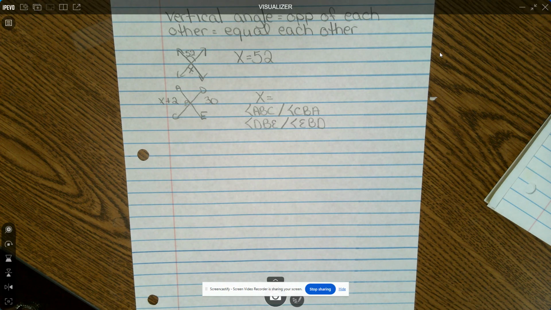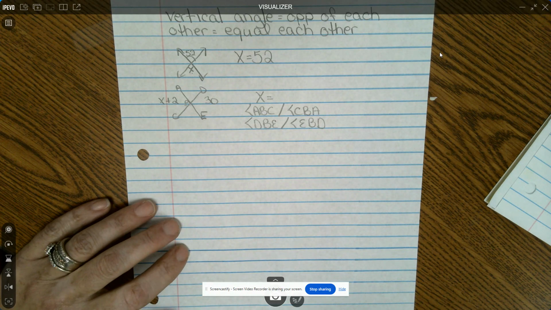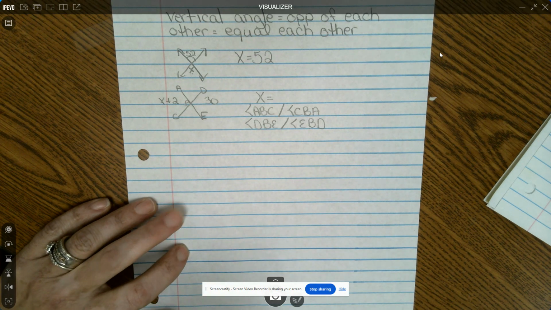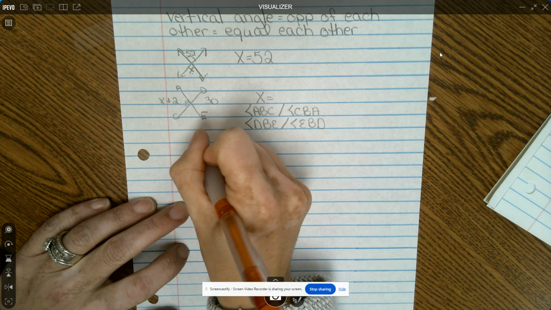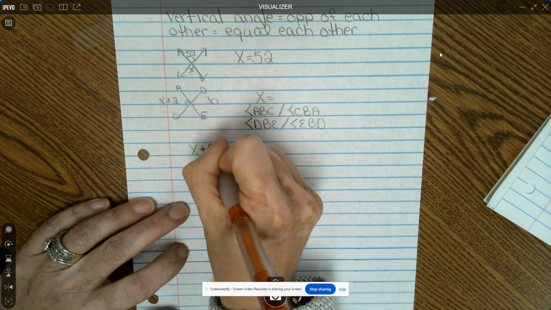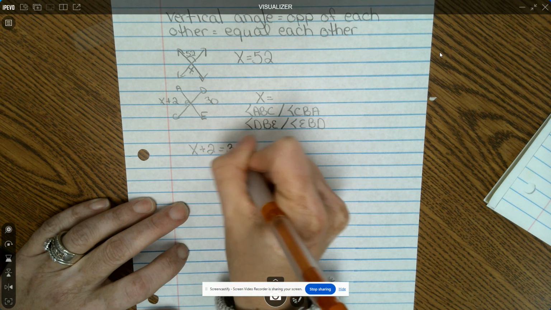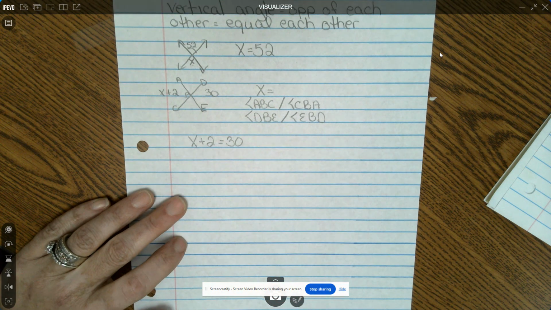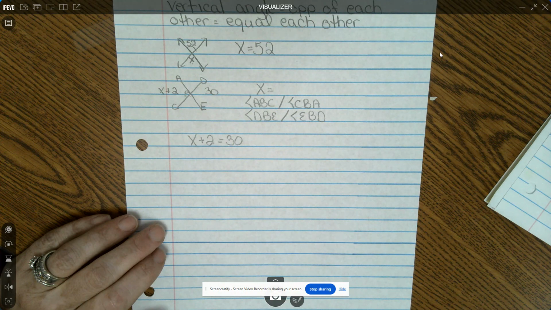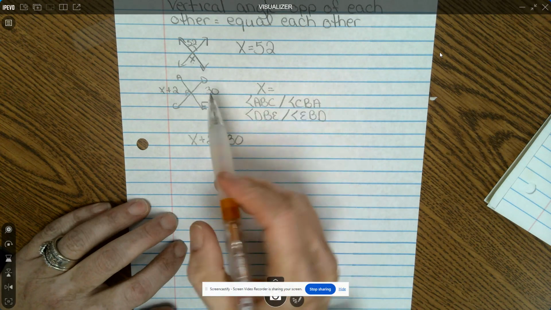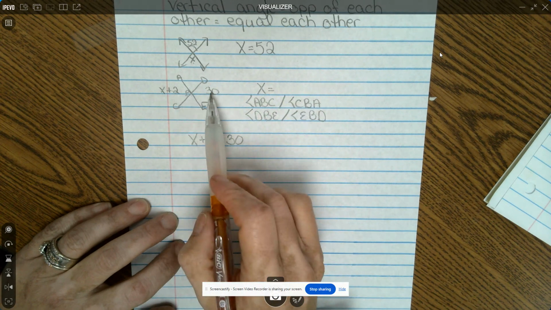So, step 1, how do I write out my equation? x plus 2 equals 30. Do you guys see how we did that? All you're saying is that this is a vertical angle, so this is equal to this.